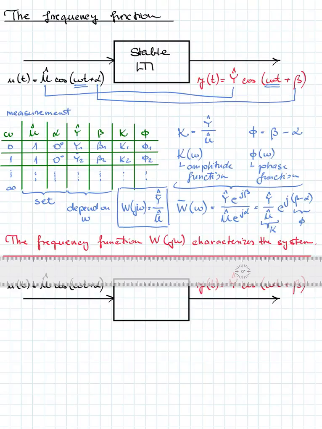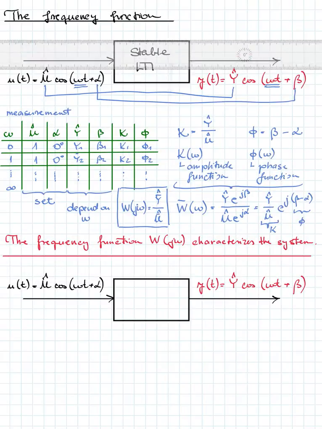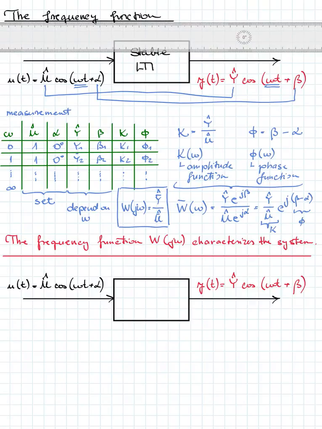It means that if we have got an input function, and if we know the frequency function, we can obtain the output function. But how? I would like to show you it at the very end of this lecture. So now I can put this complex function to the box.